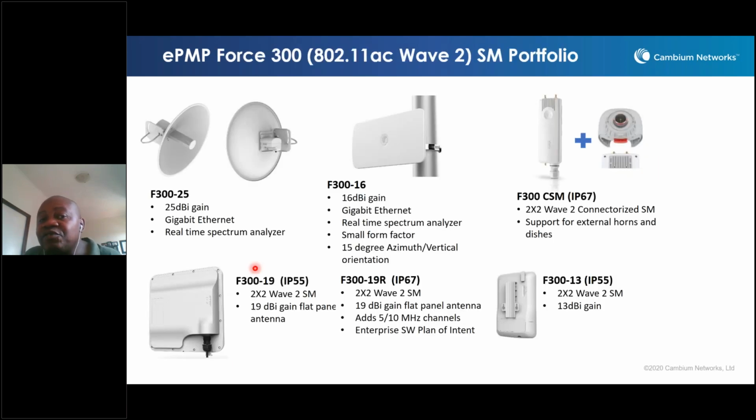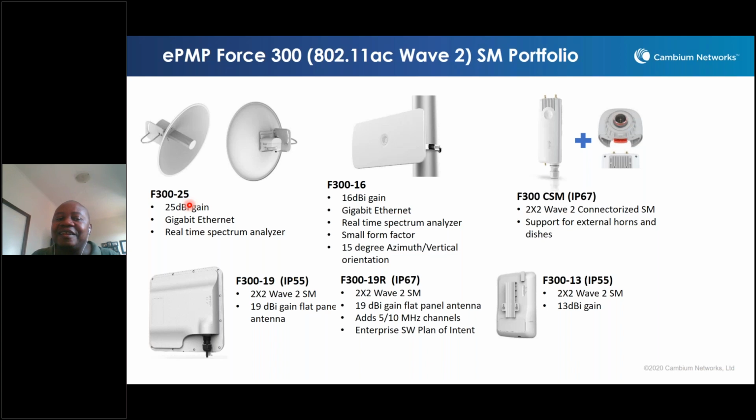Moving on to the subscriber modules, the Force 300 are AC Wave 2 subscriber modules. We've got a host of different types of Force 300s, and the number at the end denotes the antenna gain. So 25 is 25 dBi, 13 is a 13 dBi, and as such.